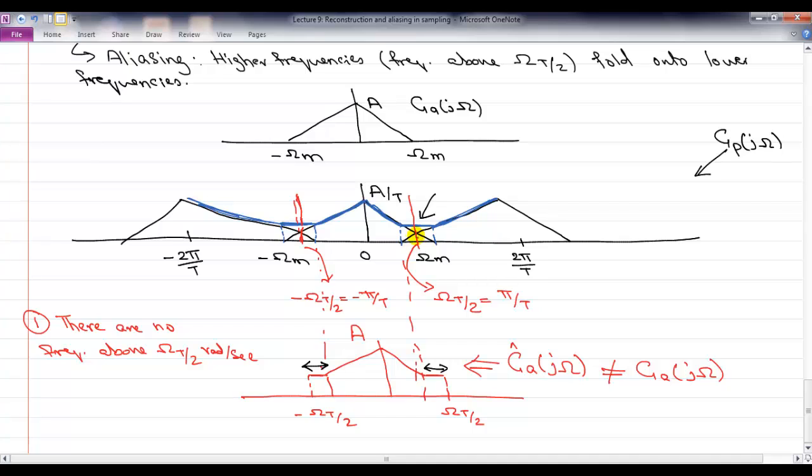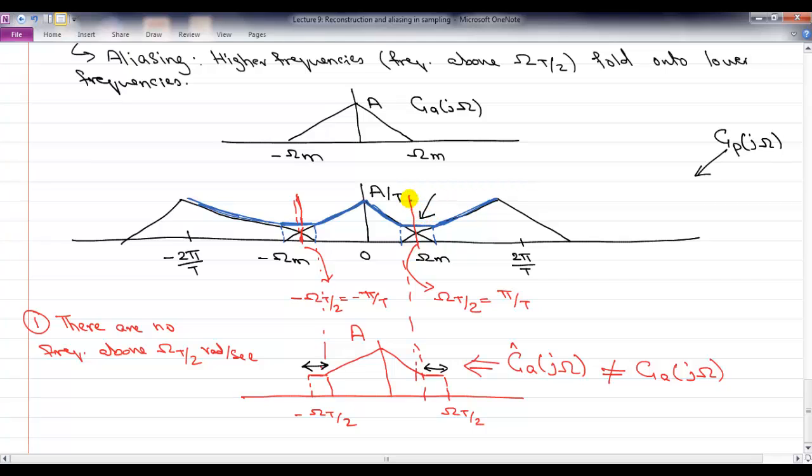If you pay attention here and you think about this was actually a real valued sequence, then this real valued signal has a Fourier transform which is symmetric in the magnitude of frequencies, right?